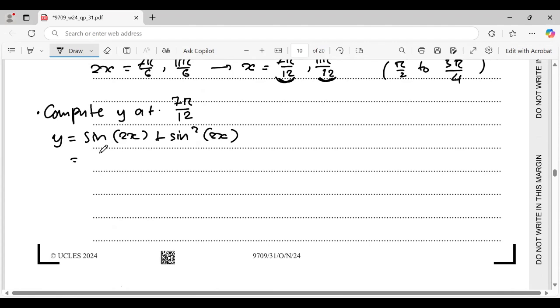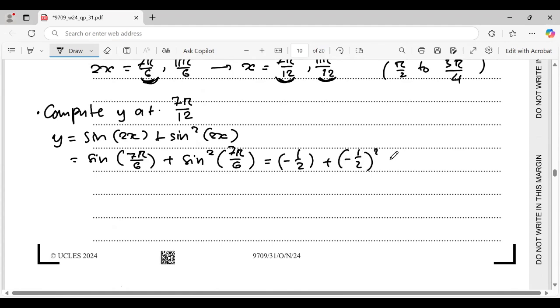So it becomes sin 7 pi over 6, because 2x is 7 pi over 6, plus sin squared 7 pi over 6. Sin 7 pi over 6 is minus 1 half, so minus 1 half plus (minus 1 half) squared.